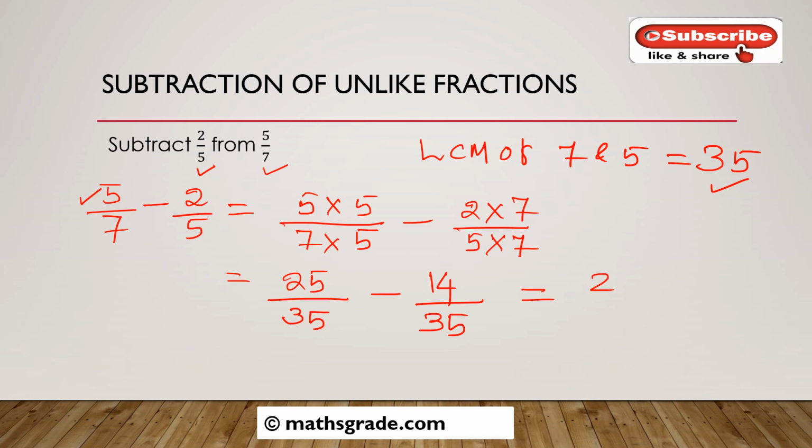Now we subtract the numerators only. 25 minus 14 divided by 35, and 25 minus 14 is 11. Now we get 11 divided by 35, and this is the answer of the subtraction 5 divided by 7 minus 2 divided by 5.